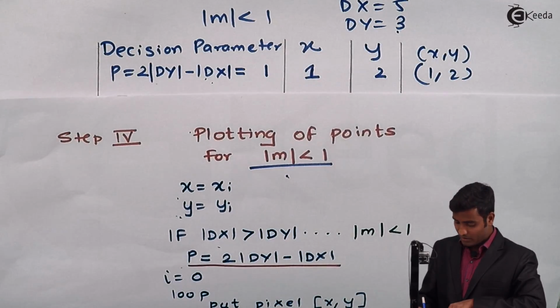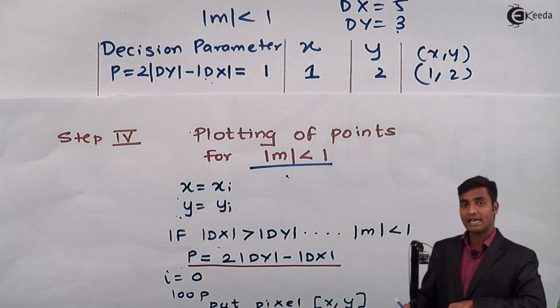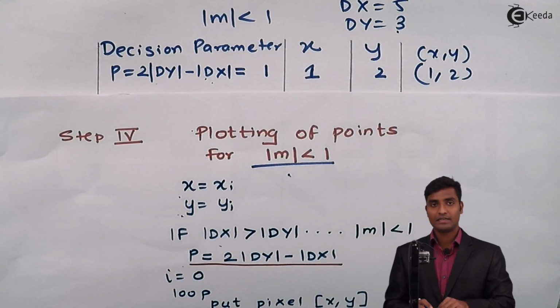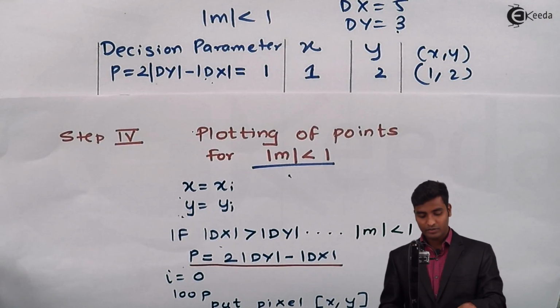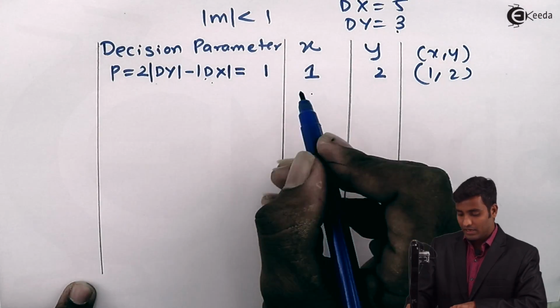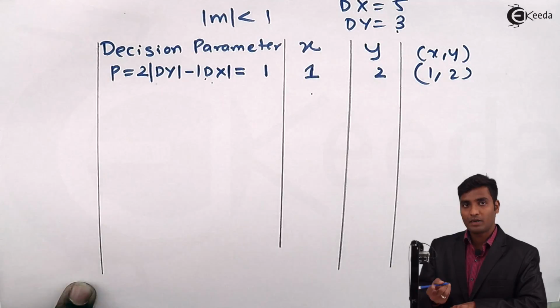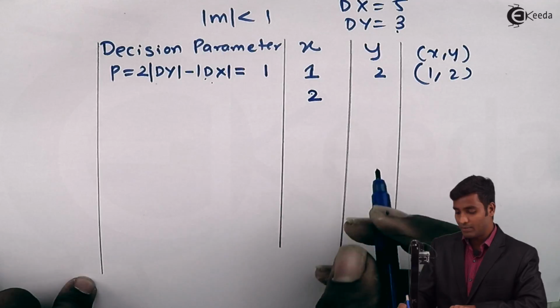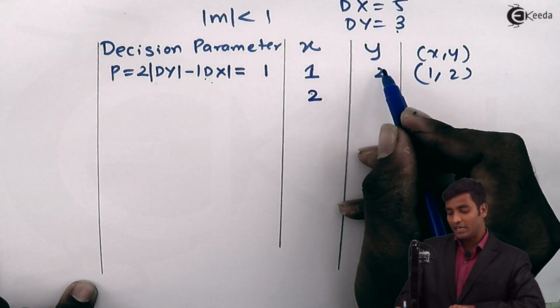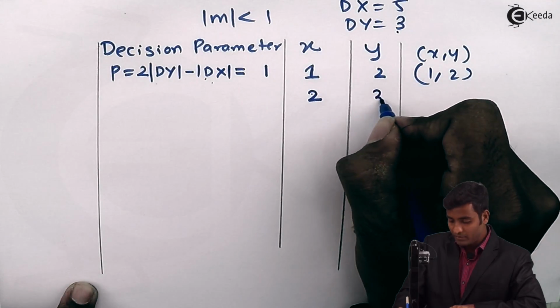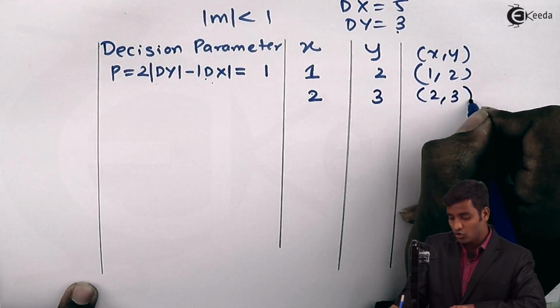So at that time the value of x is x plus sign x, where sign x is plus 1, and y is y plus sign y, that is sign y is also plus 1, which means that the original value of x is 1 plus sign x, that is 1, so 1 plus 1, it is 2. Similarly for y, the initial value of y is 2 and sign y is plus 1, so it will become 3. So the coordinates will be 2 comma 3.